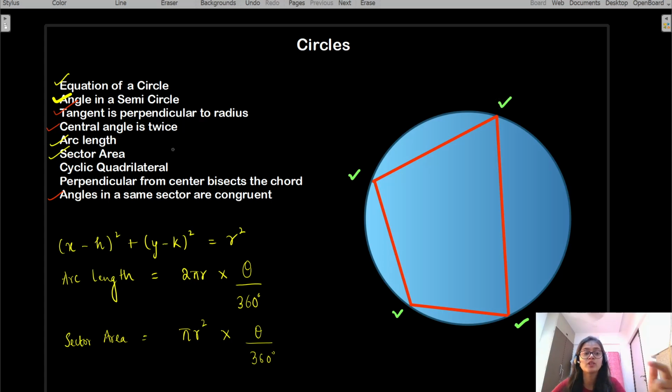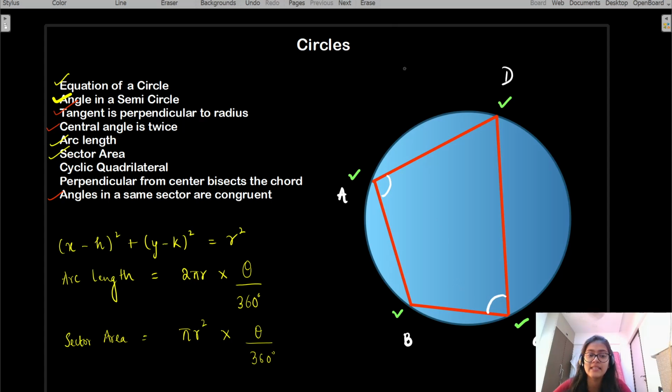Now the theorem is that opposite angles of a cyclic quadrilateral are supplementary. Let's say that this quadrilateral is A, B, C, D. Now the opposite angles, angle A and angle C, are going to be supplementary.